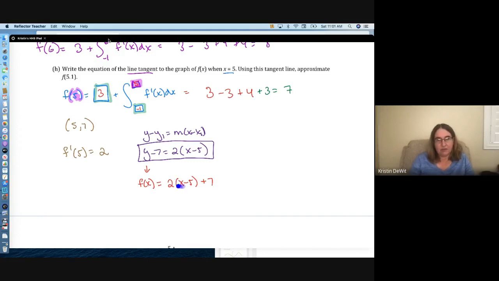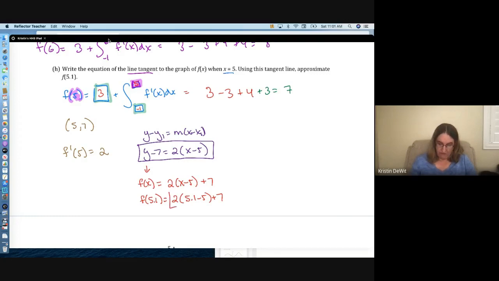I never distribute the number out in front into the parentheses. Yeah, I'm lazy. You make much fewer arithmetic mistakes if you don't do that. All right, so then we've got 2 times, and then we can plug in my x, f of 5.1 minus 5 plus 7.